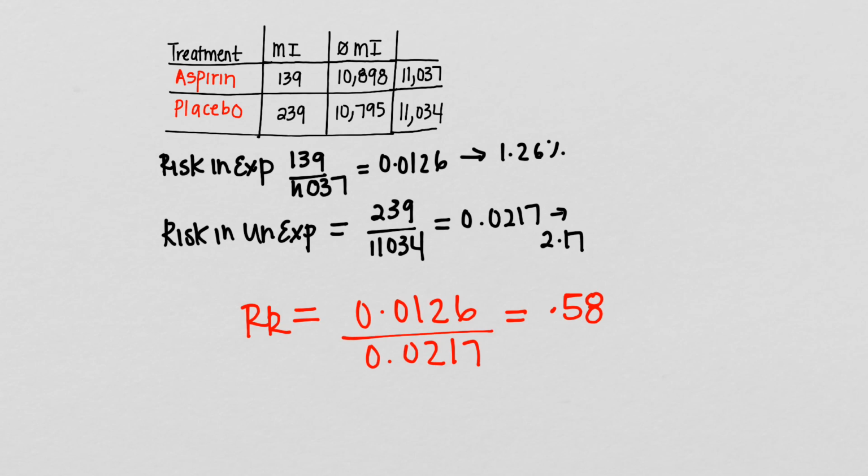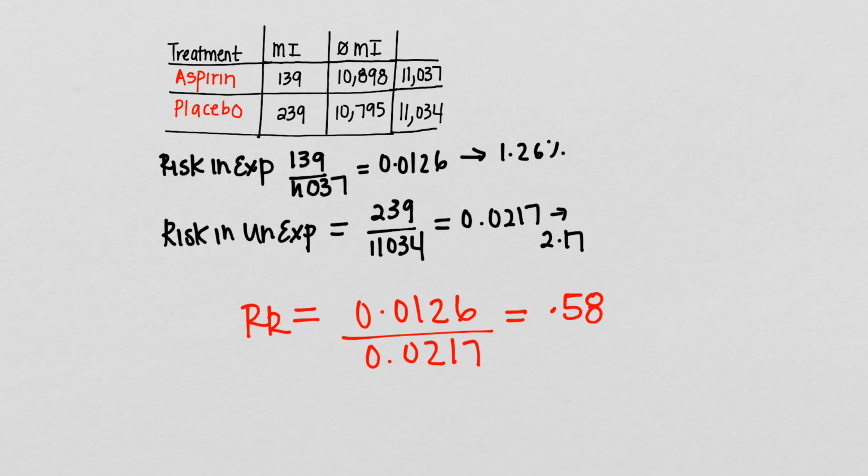Another way to say it is that you have to make sure that when you are talking about risk, you always refer to the unexposed group. So we could also say those who take low-dose aspirin regularly have 0.58 times the risk of myocardial infarction when compared to those who did not take the pills at all. And remember, if we have a risk ratio that is less than 1, we said there's a reduced risk in the exposed group.